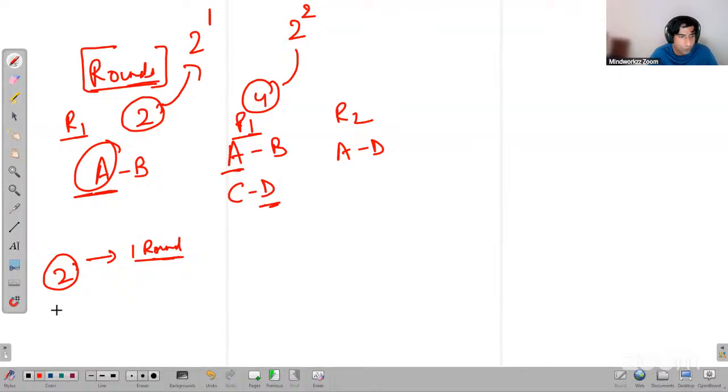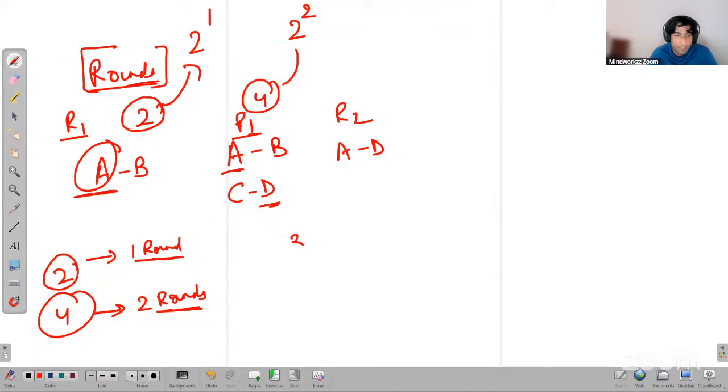If you have four players, you will always have two rounds in a knockout tournament. There is never going to be a scenario wherein you will have three rounds if you have four players in a tournament, unless it is a round robin tournament or something else. As long as it is a knockout, you're only going to have two rounds.